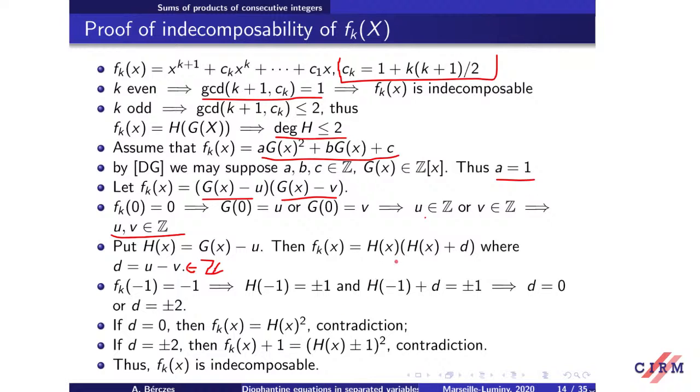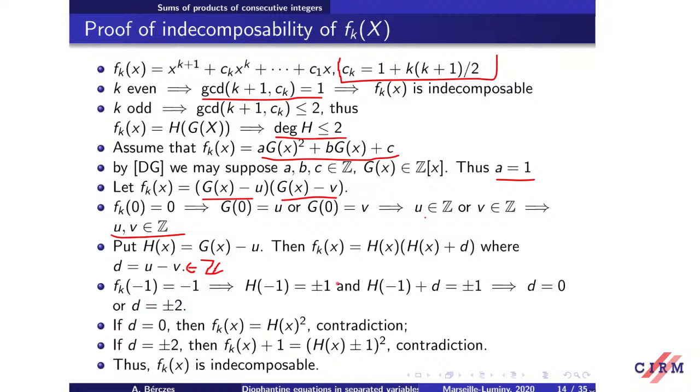That means that h of minus 1 times h of minus 1 plus d gives minus 1. Since these are integers, h of minus 1 equals plus or minus 1, and h of minus 1 plus d equals plus or minus 1. Consequently, we obtain d equals 0, or d equals plus or minus 2.